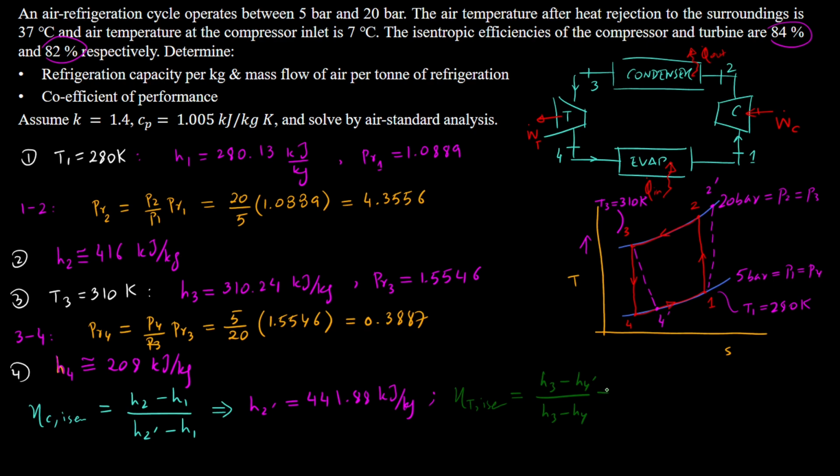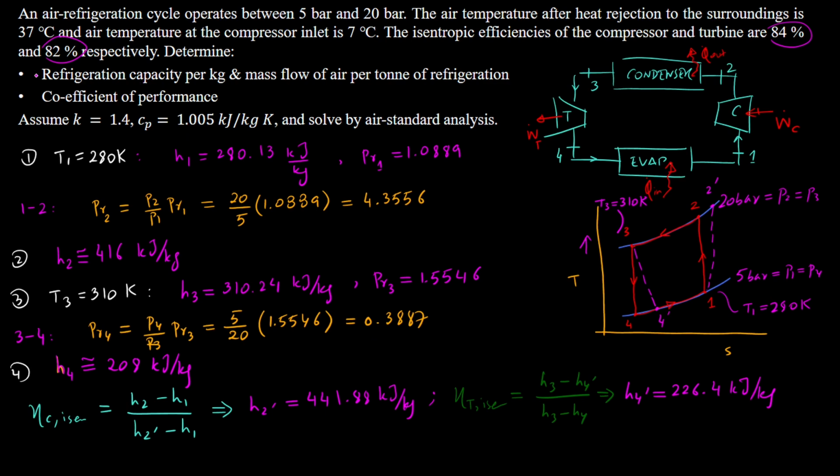And that's going to give us H4 dash, which is going to be 226.4 kilojoules per kilogram.